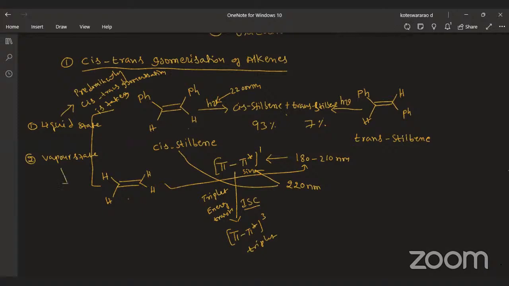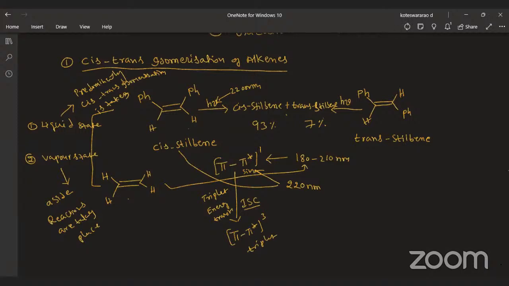Suppose the reaction is carried out in the vapor state; instead of cis-trans isomerization, side reactions take place. That is the difference between the reaction conditions.